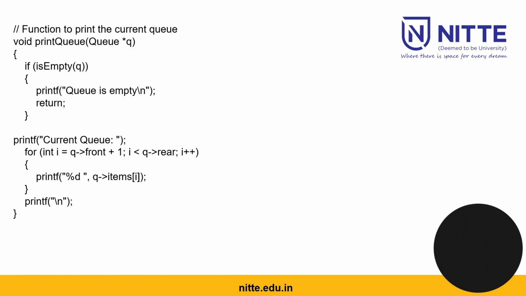So I will write if isEmpty(q), then it will print "Queue is empty" and return. Otherwise it will print the current queue, starting from i equals q->front + 1, because we will start printing from the front to the rear.